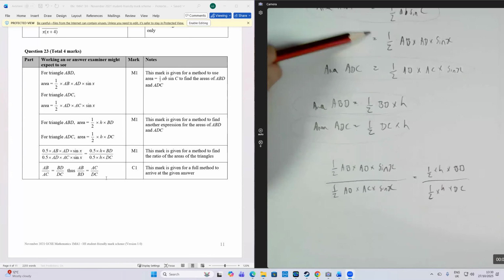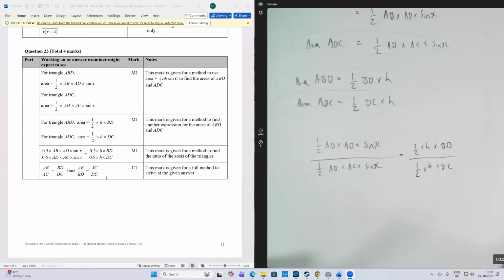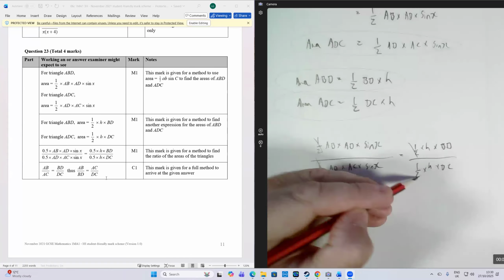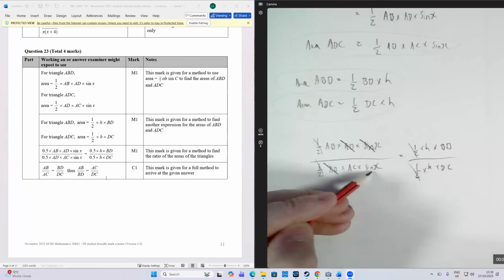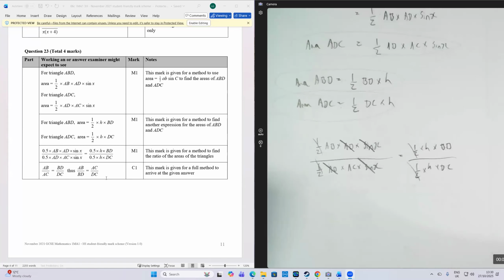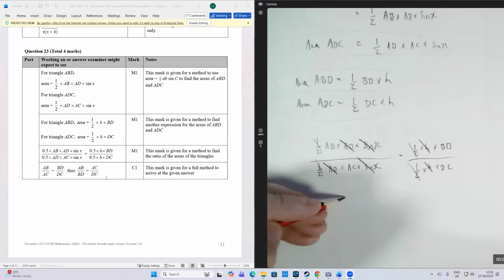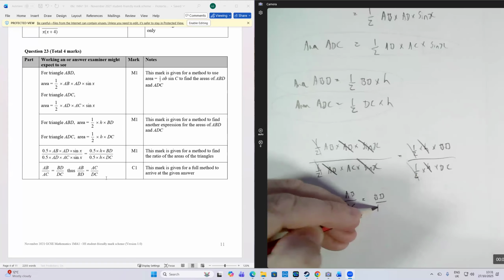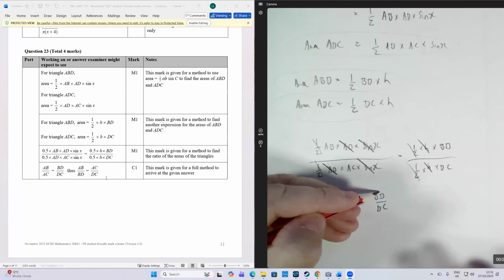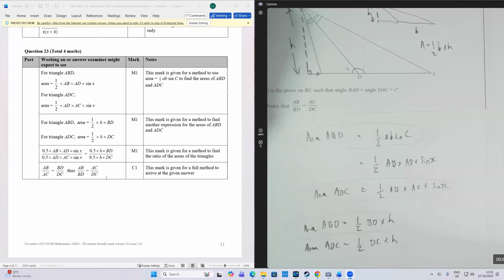In other words, that divided by that equals that divided by that. Now let's see what can happen here. These halves can all cancel. AD cancels here, sine cancels here, H cancels here, and we're just left with AB over AC equals BD over DC.